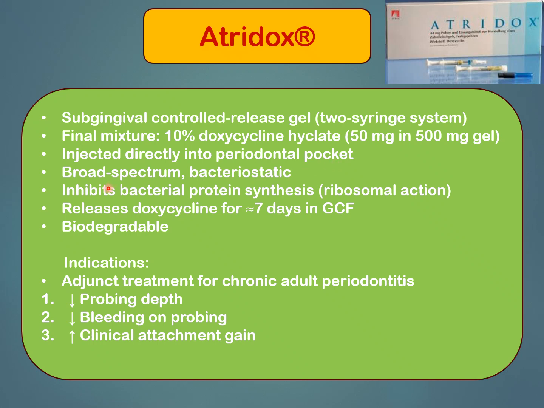Atridox is broad spectrum and bacteriostatic, in that it acts by inhibiting the bacterial protein synthesis at ribosomal level. There is doxycycline release for about 7 days in the GCF, and Atridox is biodegradable. It is mainly indicated as an adjunct treatment for chronic adult periodontitis, and its use has proved to decrease the probing depth and decrease bleeding on probing, and also to improve the clinical attachment gain.